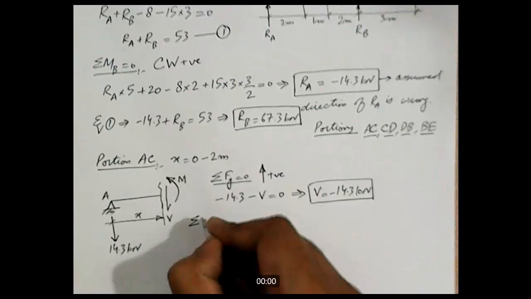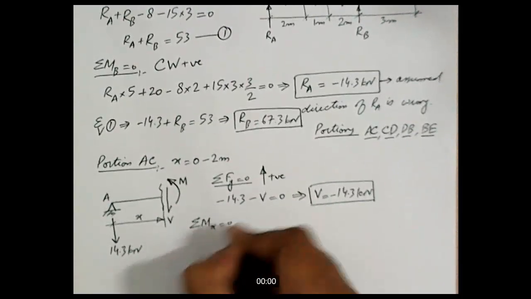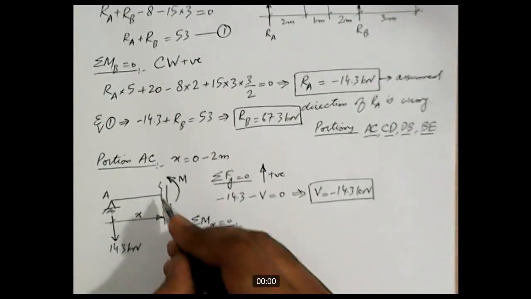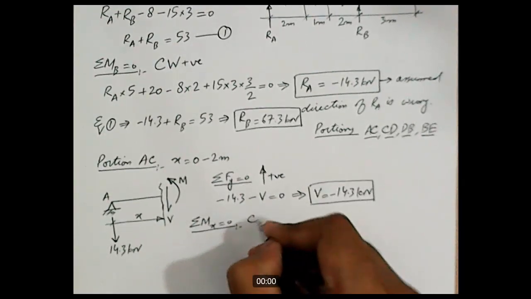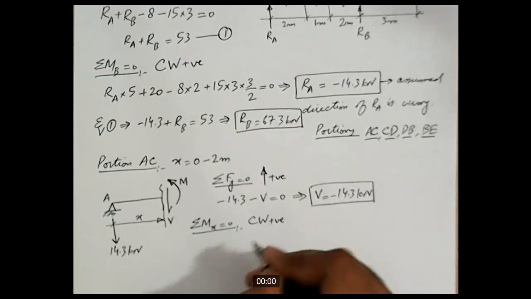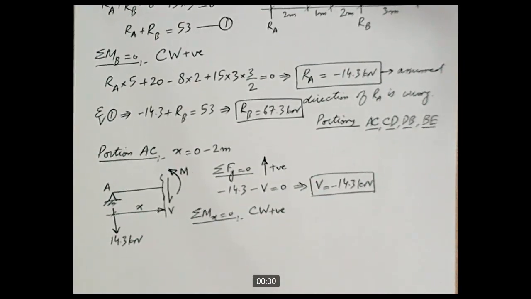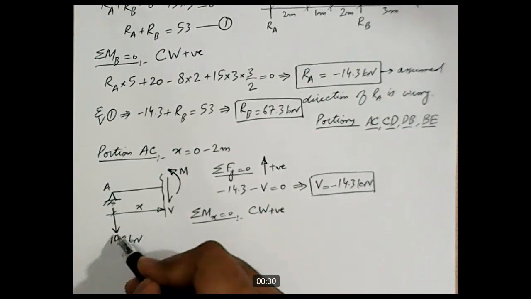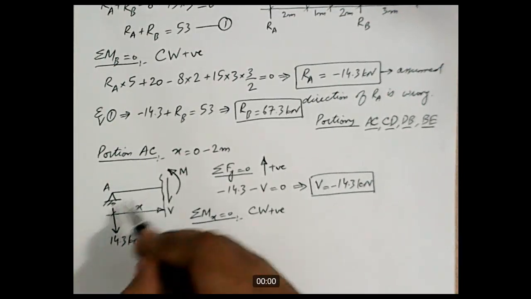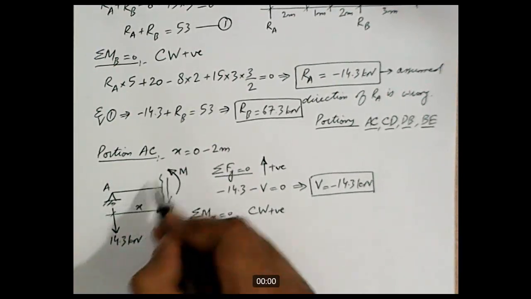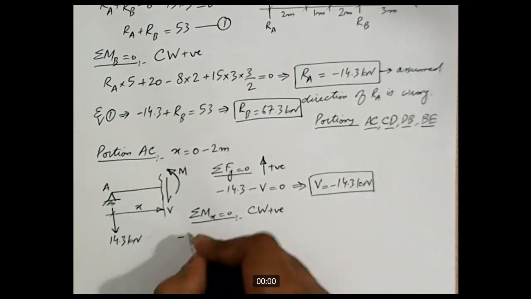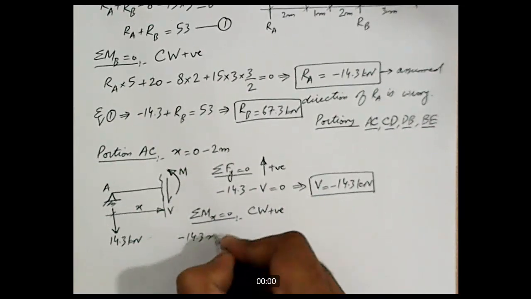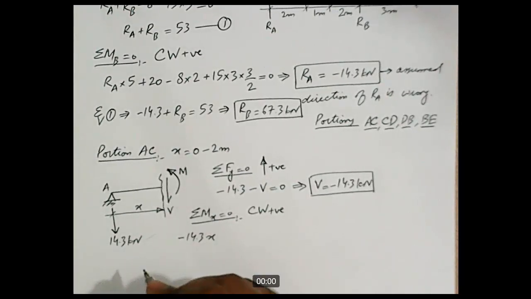Next we will write down the equation for bending moment, and we always write down the equation of bending moment about the section. We take sigma Mx equal to 0. The convention is that clockwise will be taken as positive. Now this 14.3 kilonewton will produce a moment about the section in the counterclockwise direction, so it will be taken as negative, minus 14.3, and the lever arm is X. What else?